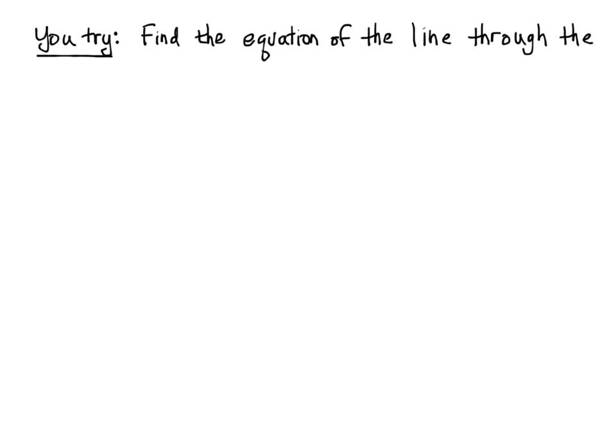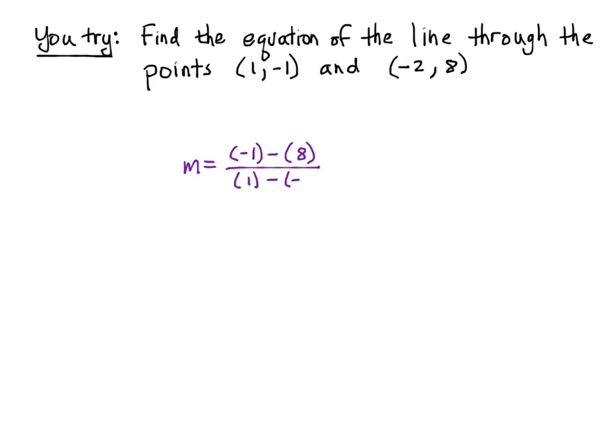Okay, so here's another one. Give you a couple minutes to do this one. All right, so the first thing that you want to do is take the slope, and so we take the difference between the two y's and the difference between the two x's.